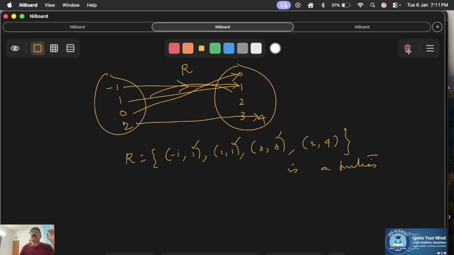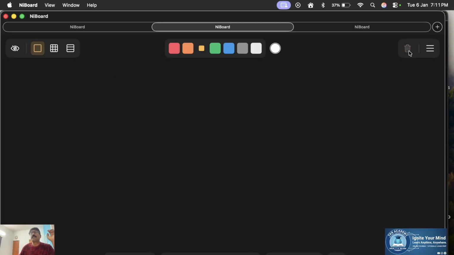So we have seen many examples of functions. Again I am repeating what is a function. A function is a relation in such a way that every element of the first set, that is A, has a unique image in B. A function can also be said in another way. Function is a rule actually.